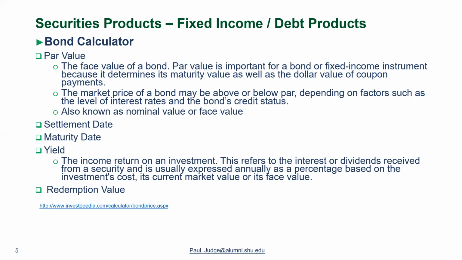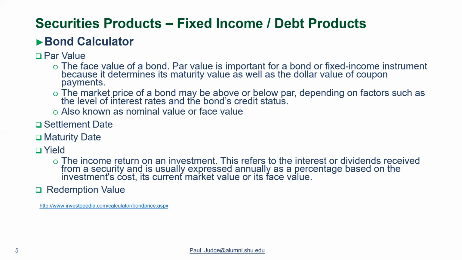And bond calculators, like I said, they look at the par value, which is the face value of the bond. They look at the market price, which may be above or below par value, right? Because this bond could be paying less than the prevailing interest rates, or could be paying more than the prevailing interest.